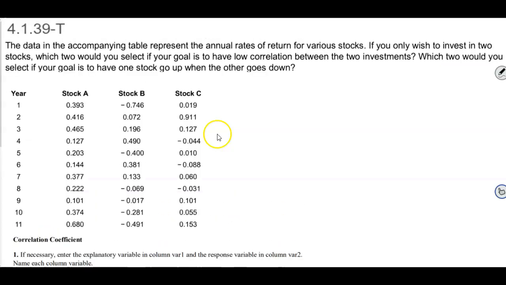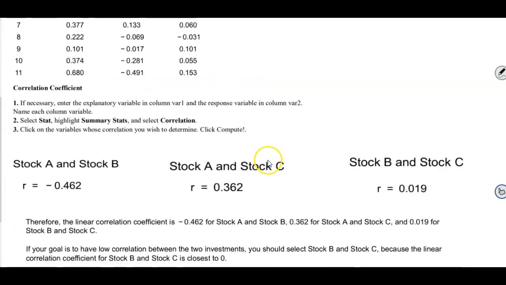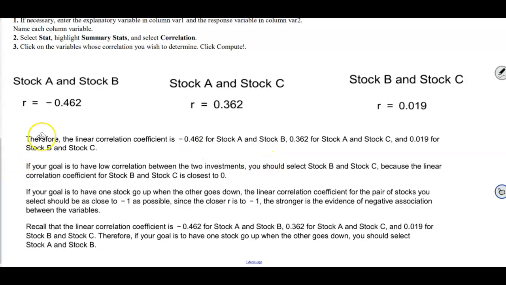Now, going back to the question, if you only wish to invest in 2 stocks, which would you select if your goal is to have low correlation between the 2 investments? And which 2 would you select if your goal is to have one stock go up and the other go down? Well, we can see that we have a linear correlation coefficient for stock A and B of negative 0.462.